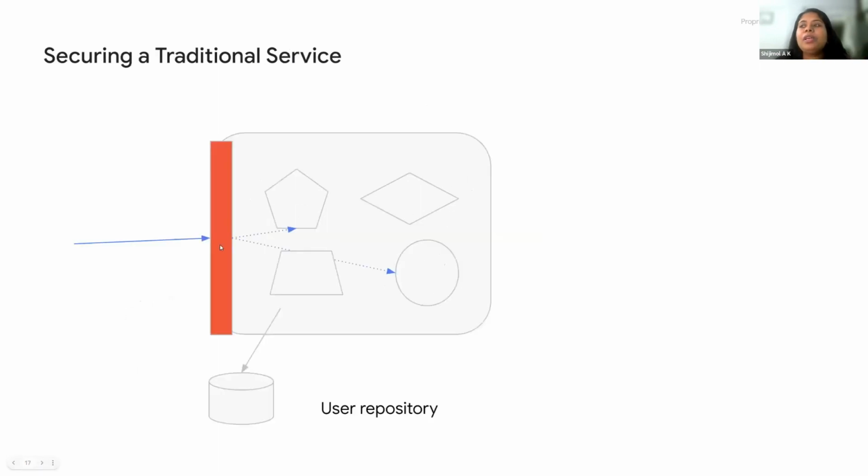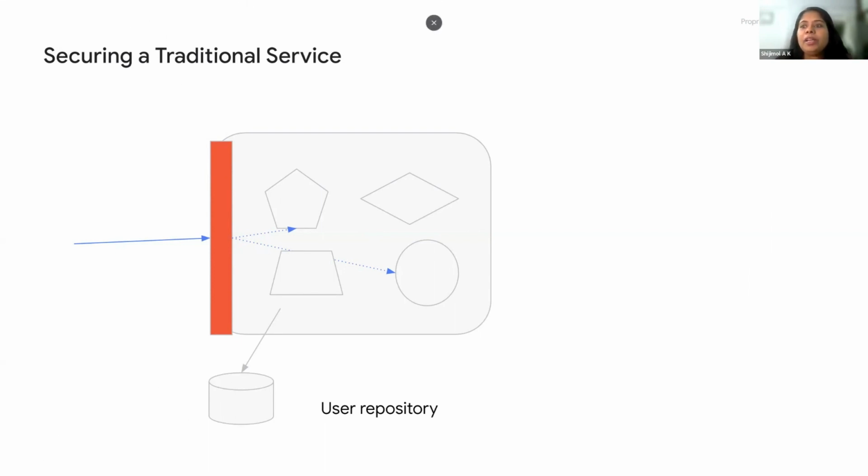Now, when you secure a traditional application, you can see that it is just one interface here, right? One interface that you need to secure, because the entry point to that application is through one interface. So that is just one area that you need to make secure.